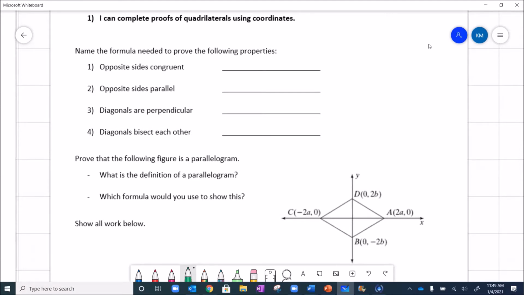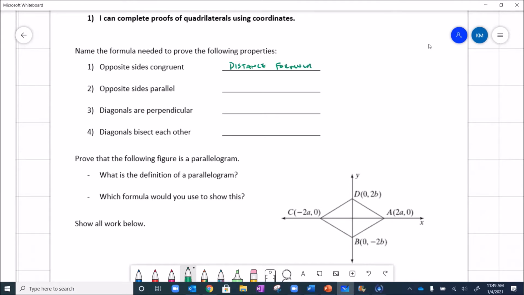If you're asked to do a coordinate proof and you're asked to prove that opposite sides are congruent, notice that these directions don't say, hey, use the distance formula. It says prove opposite sides are congruent. But you should say, oh, sides congruent, that's distance. That means I should use the distance formula.